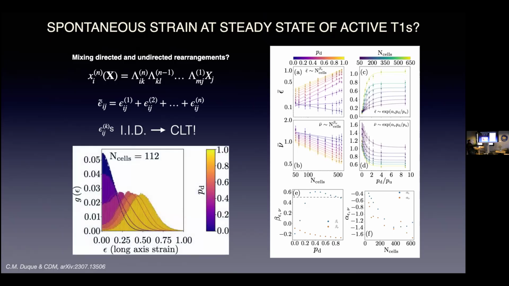And so this would predict that the strain of these systems should look like a Gaussian, right, for the density of states of these systems should look like a Gaussian for all these different drivings if we include the undirected active rearrangement.